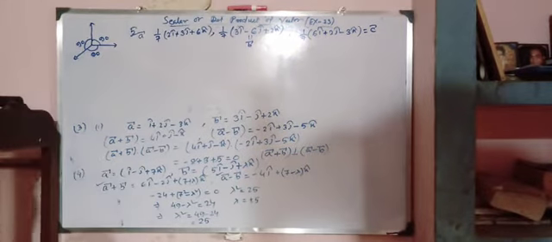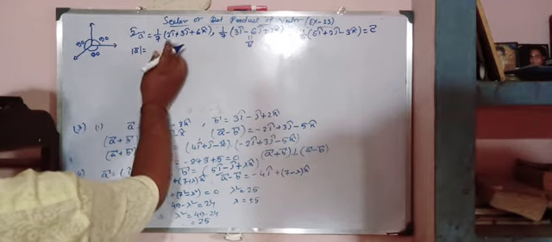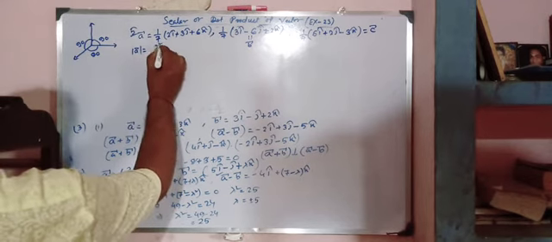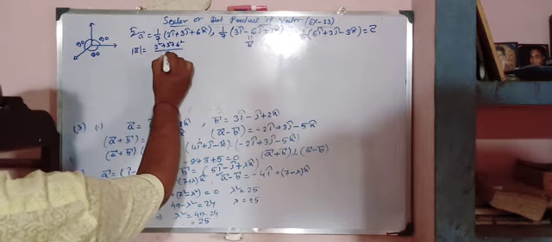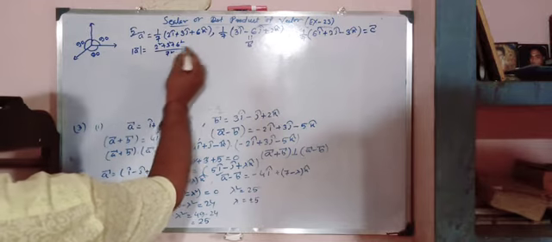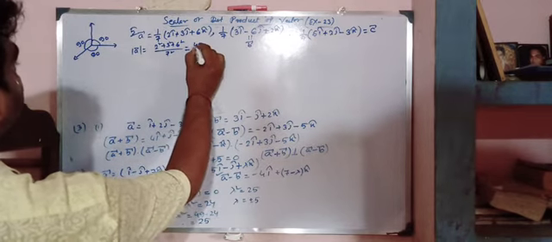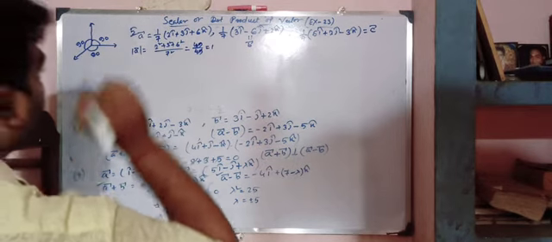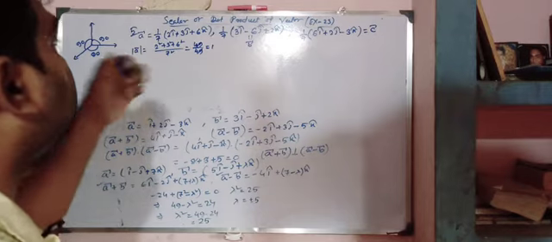Okay, so modulus of A is equal to the square root of (2 square plus 3 square plus 6 square) by 7 square. All should be positive, so that means 49 by 49. Hope it is visible to you. So that's equal to 1. The value should be 1, so it is a unit vector.